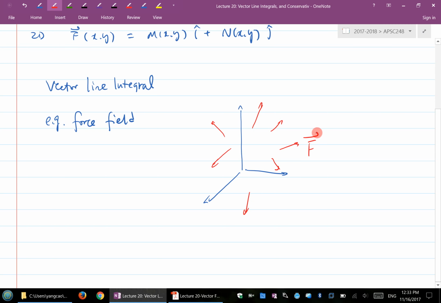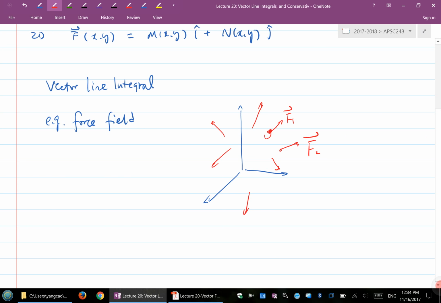Each vector represents a force pointing in that direction with a certain magnitude. At this location you have a vector, say F1, and at this location vector F2. They point in different directions and have different lengths. If you put an object here, that object will feel a force pushing it in the direction of that force vector. That's what a force field means.